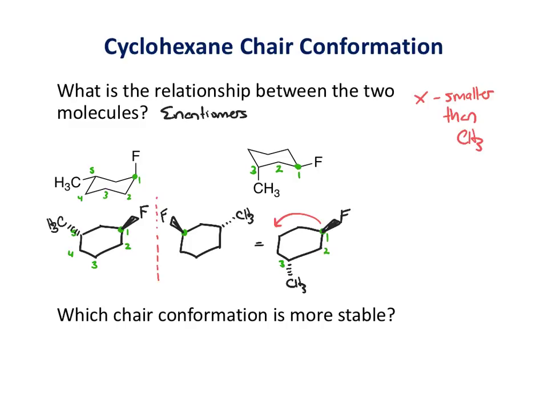Okay, we're comparing these two. One has an axial fluorine and an equatorial methyl. The other has an axial methyl and equatorial fluorine. Well, we know that methyl is the larger group, and having things equatorial is more stable than axial.